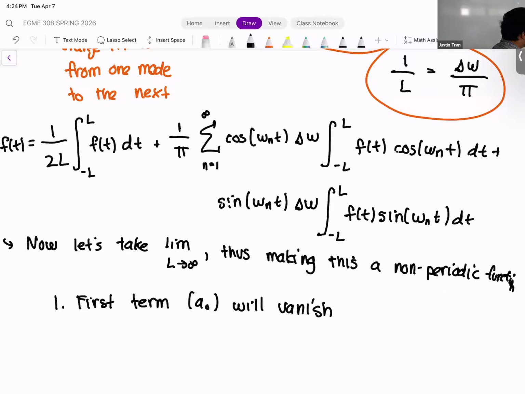That makes perfect sense because when you have a non-periodic function, the concept of an average doesn't really exist anymore.